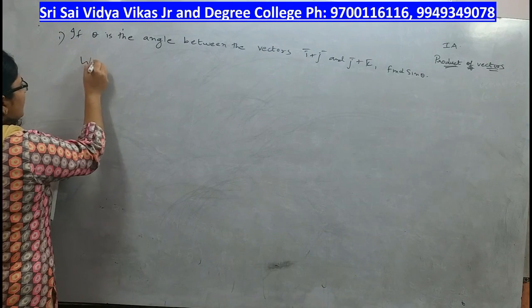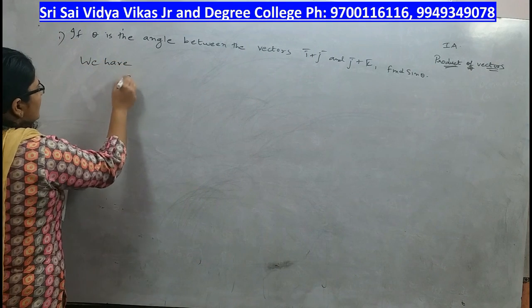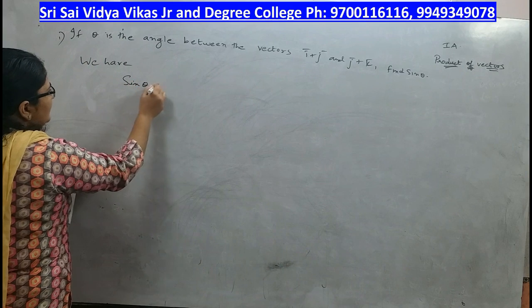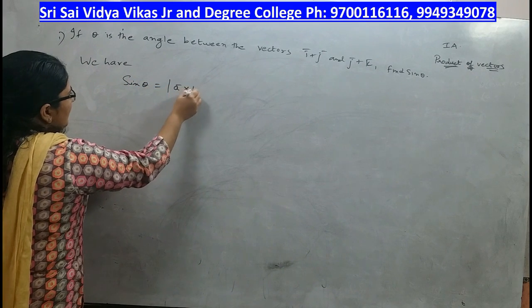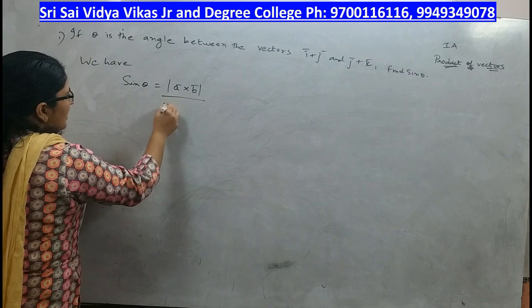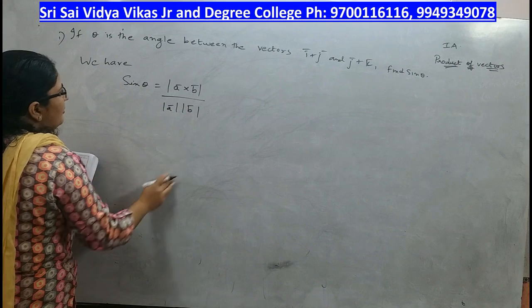We have sin theta is equal to modulus of a bar cross b bar by modulus of a bar into modulus of b bar.